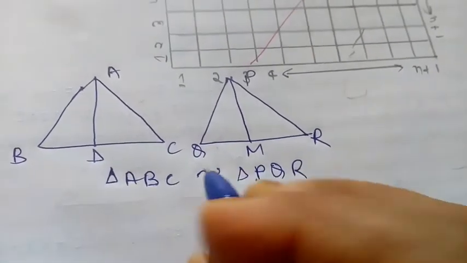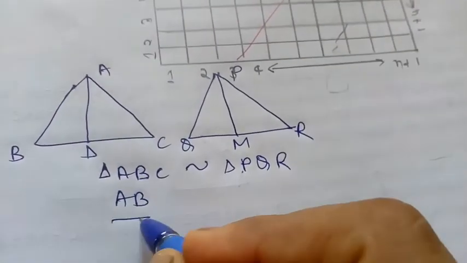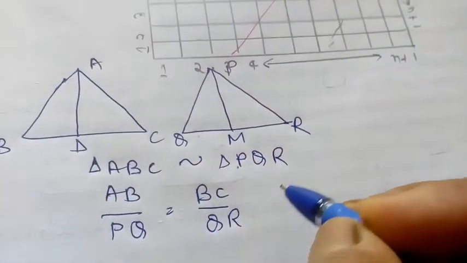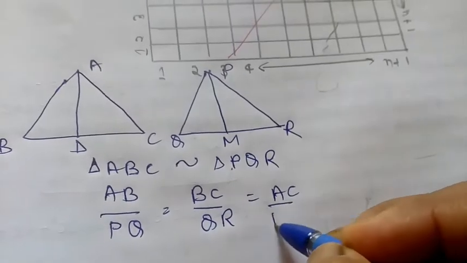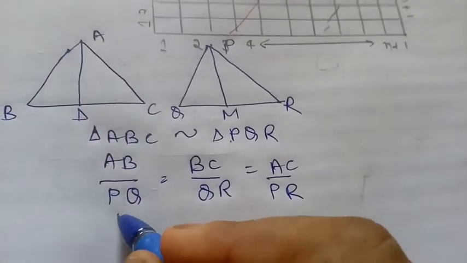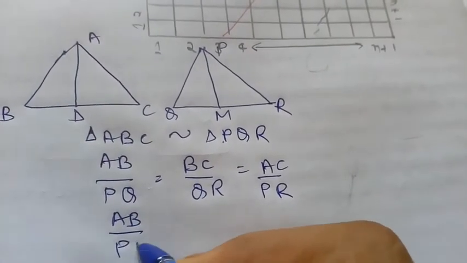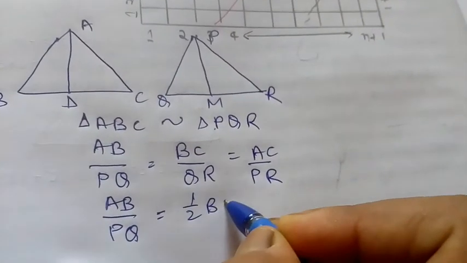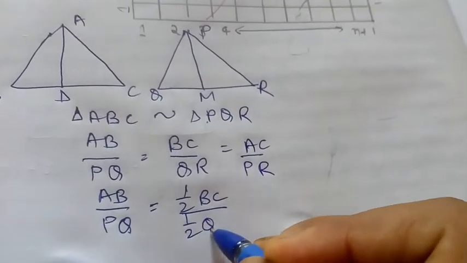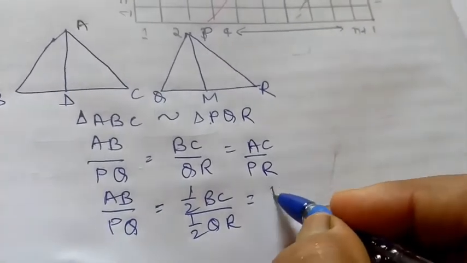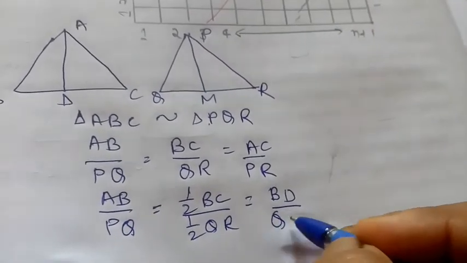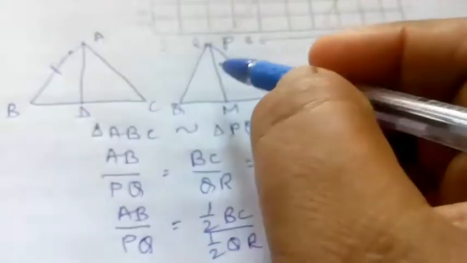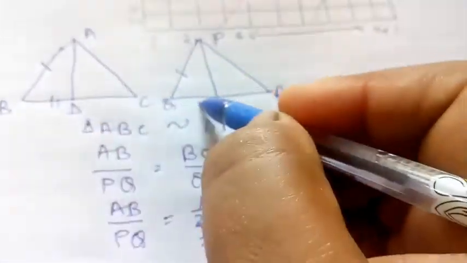It means AB upon PQ equals BC upon QR equals AC upon PR. AB upon PQ equals BC, half of BC, upon half of QR. Half of BC is BD, equal to QM. AB upon PQ equals BD upon QM.